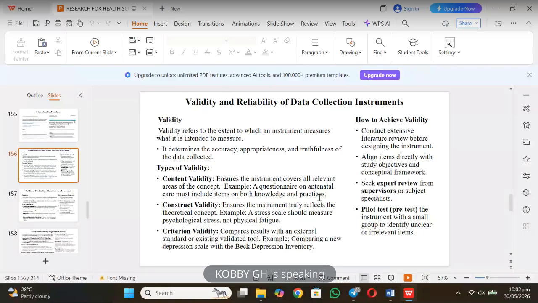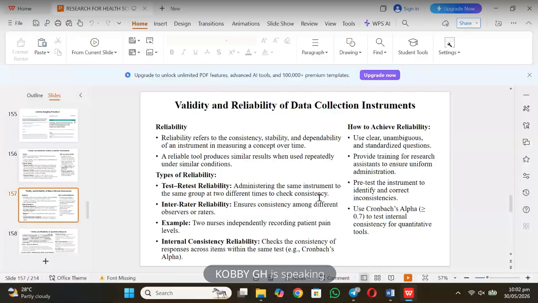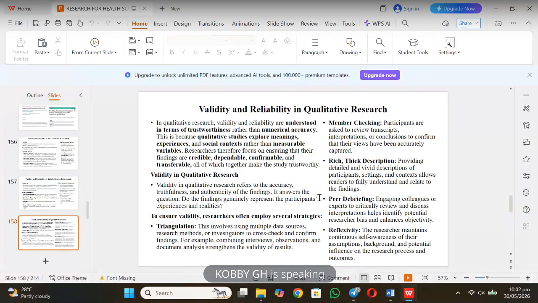This is also quantitative. Okay, now we come to validity and reliability in qualitative research. In qualitative research, validity is the same validity, just that we look at it in different contexts. That is where we have triangulation, member checking, rich thick description, peer debriefing, reflexivity.